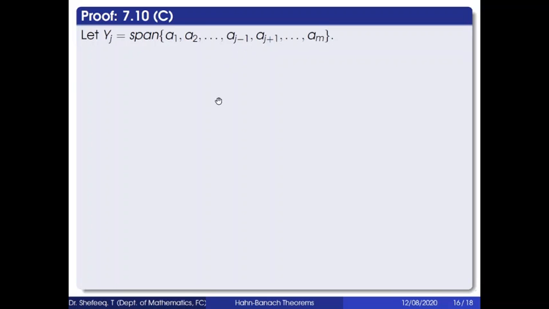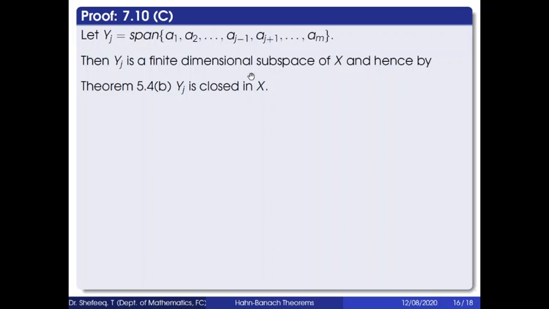Then Yj is a finite dimensional subspace of X, and hence by theorem 5.4b, Yj is closed in X. Also, aj does not belong to Yj, so it does not belong to Yj bar also, since Yj is closed. So we have aj does not belong to Yj bar.